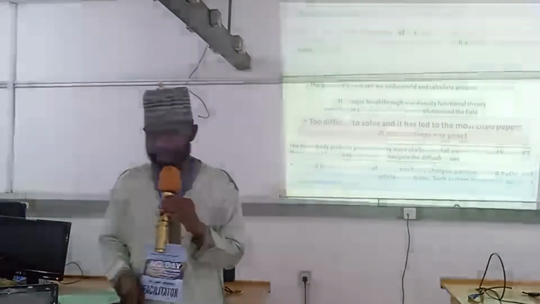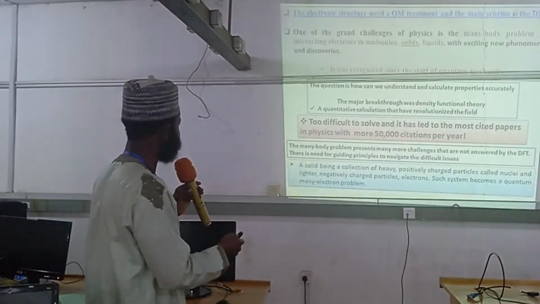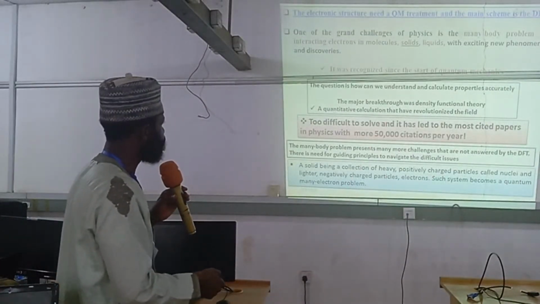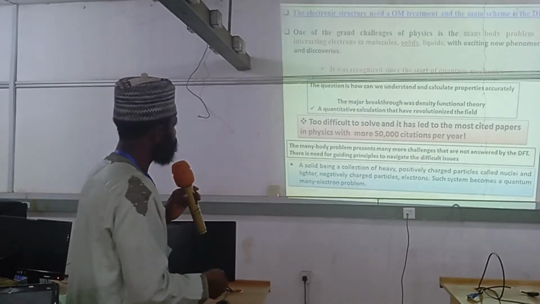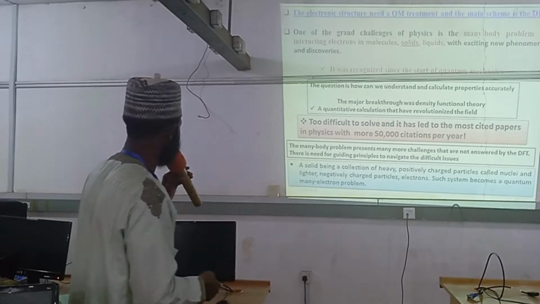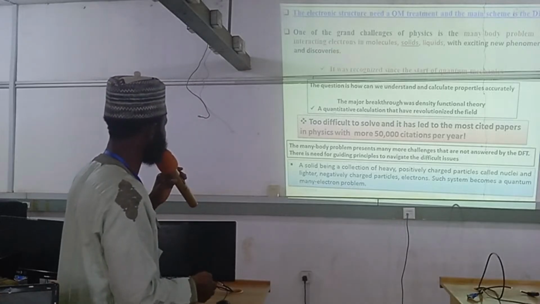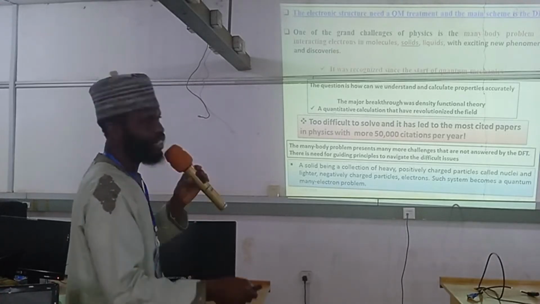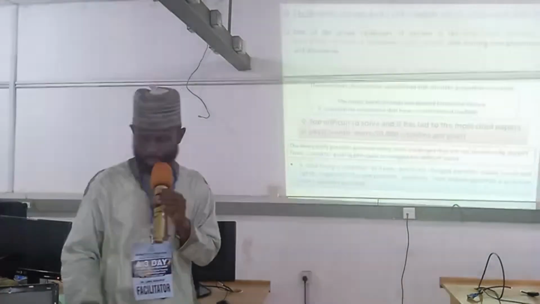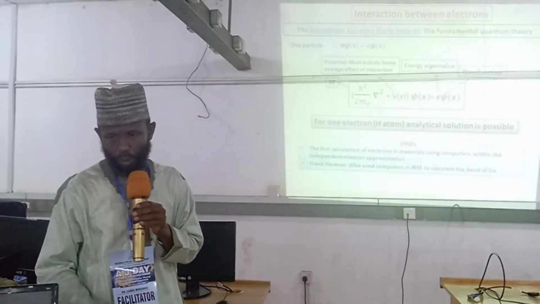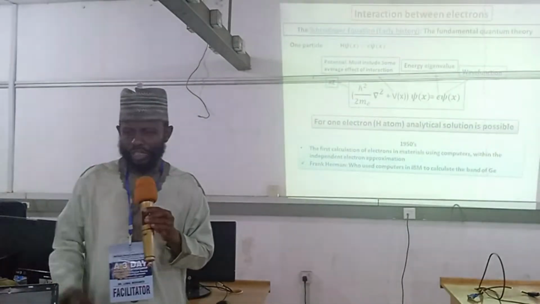So, a solid, being a collection of supposedly charged particle nuclei and lighter electrically charged particle electrons. Already the system is a quantum mechanical many electron problem. Okay. So interaction.